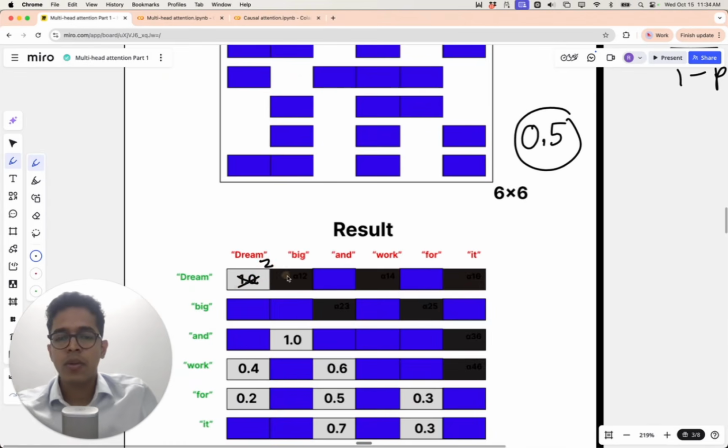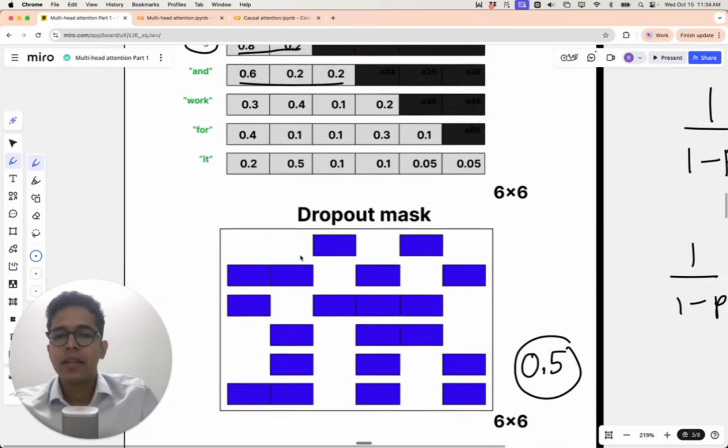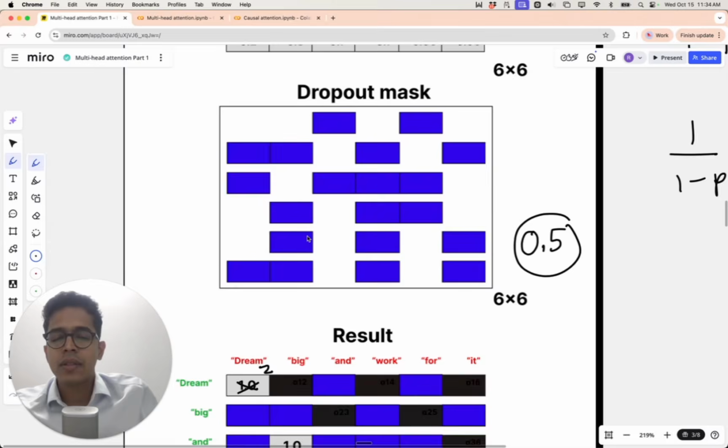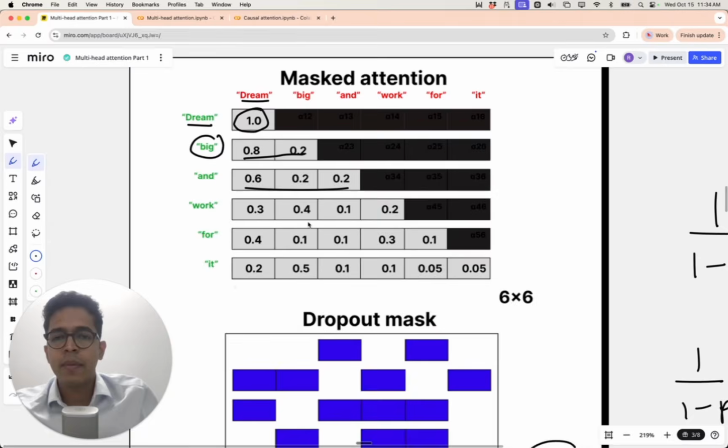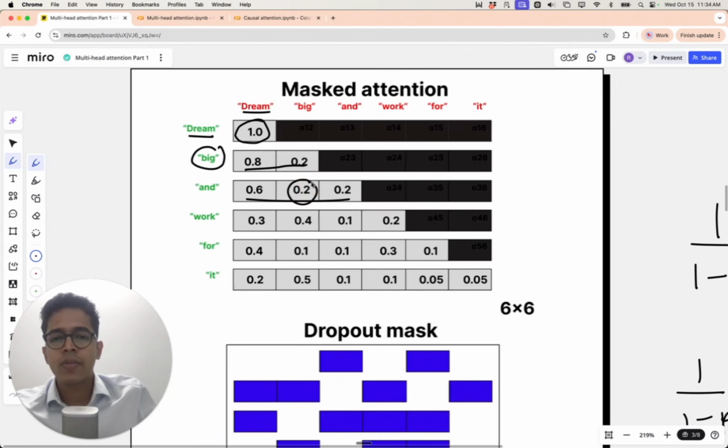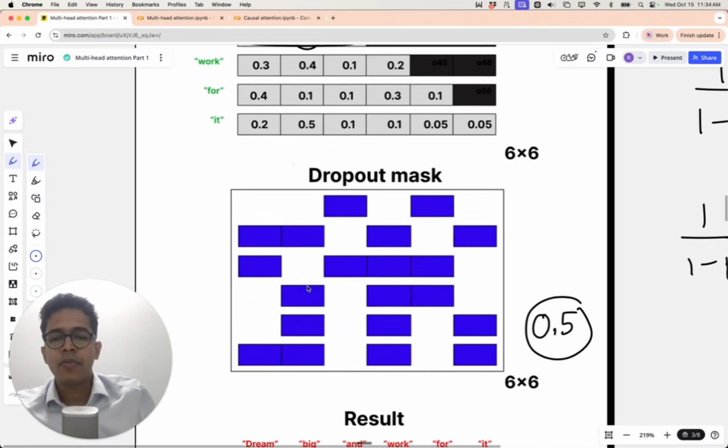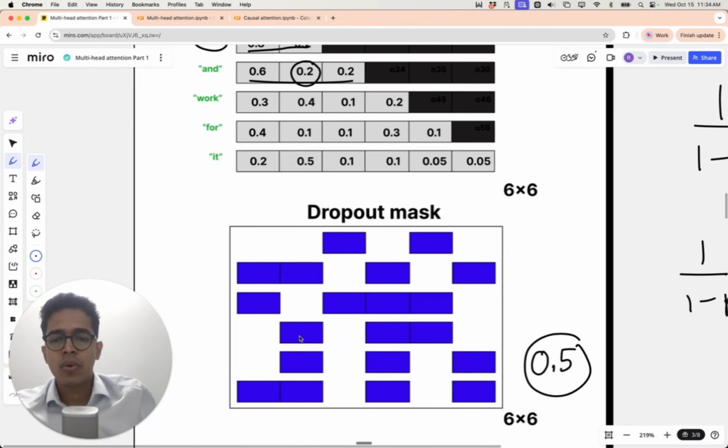This will be 2.0. The second item in AND was 0.2, so after application of the mask, this 0.2 will become 0.4. Similarly, in the fourth row, the second and fourth items are gone, which means this and this are gone, so the remaining two items will be scaled up by a factor of 2. Then here, the second and fourth items are gone, so the remaining items are scaled up by 2.